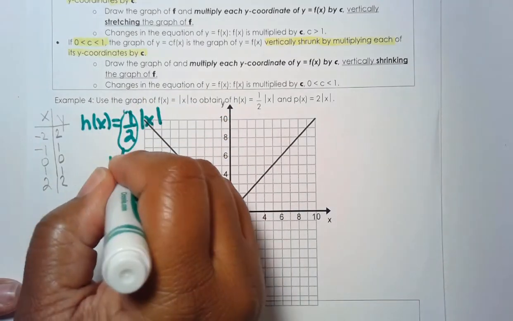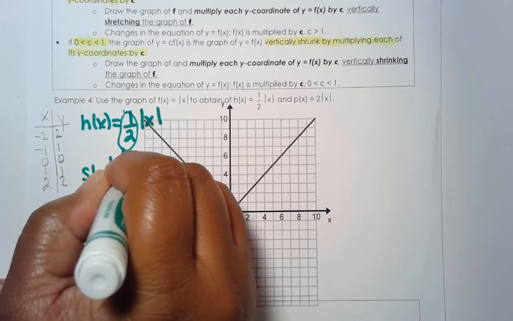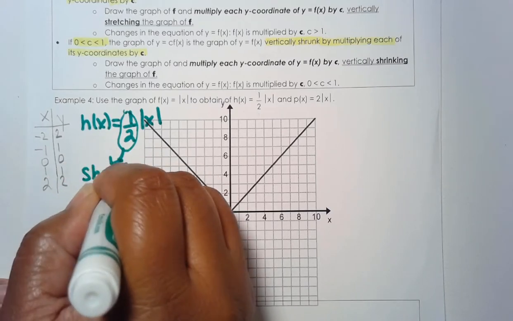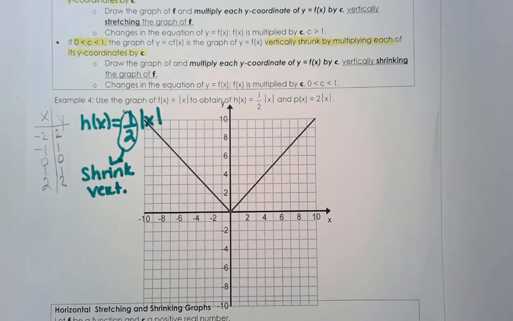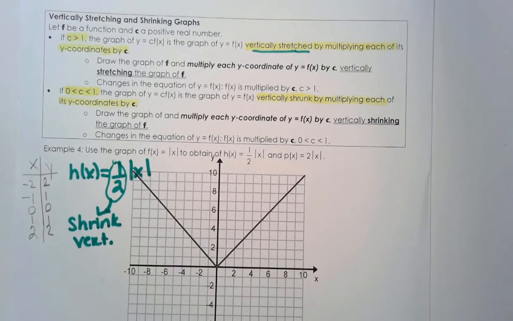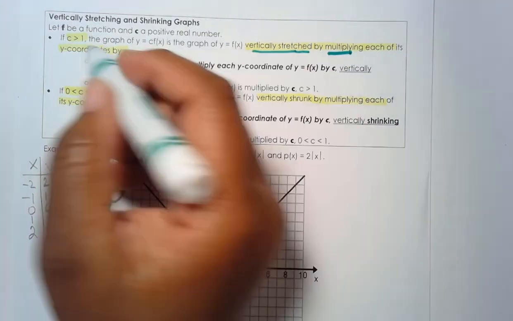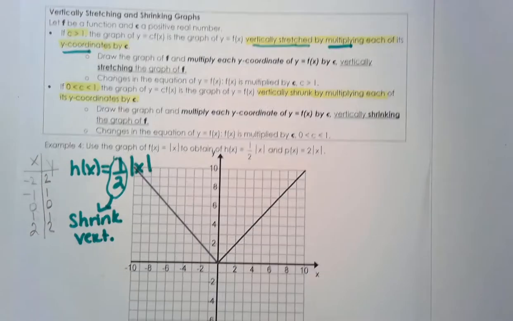Well, the 1/2 is between 0 and 1. So this tells us this graph is going to shrink vertically. Now, how do we go about finding those points? You're going to multiply the 1/2 by the y coordinates.